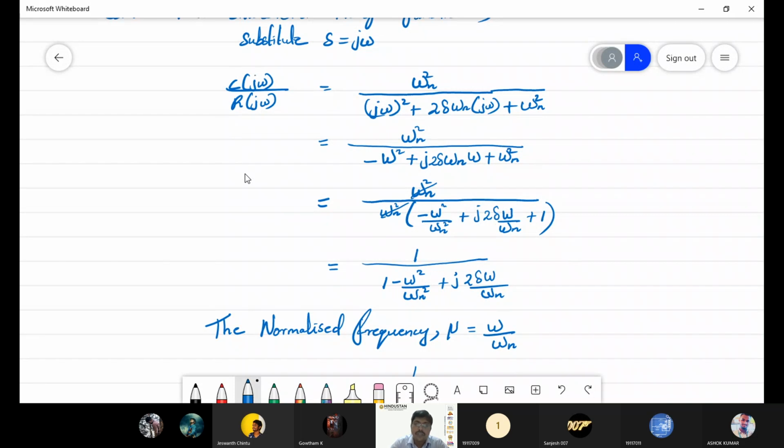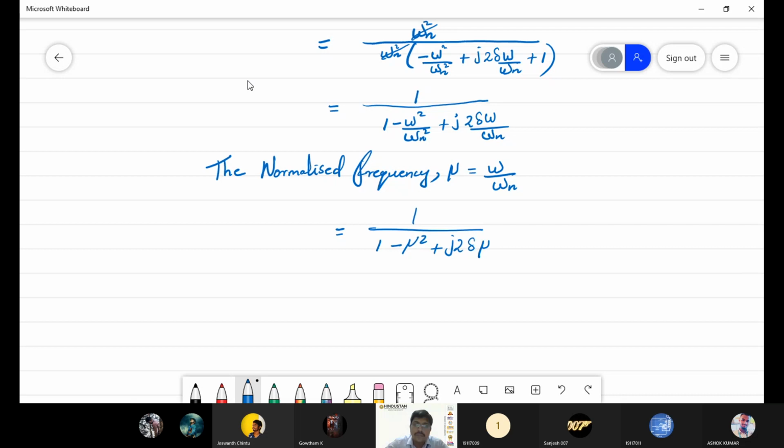We are going to find M of j omega, that is the magnitude, and similarly we are going to find phi of j omega, that means it will give the phase angle, right? Those two things are very important here.